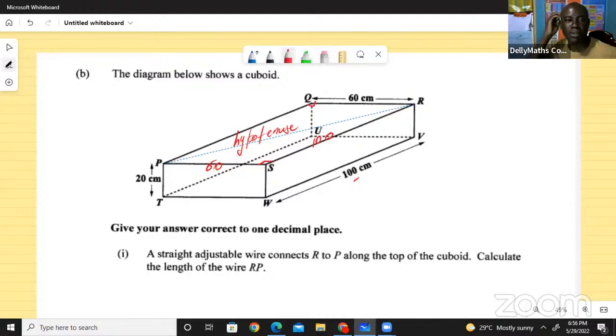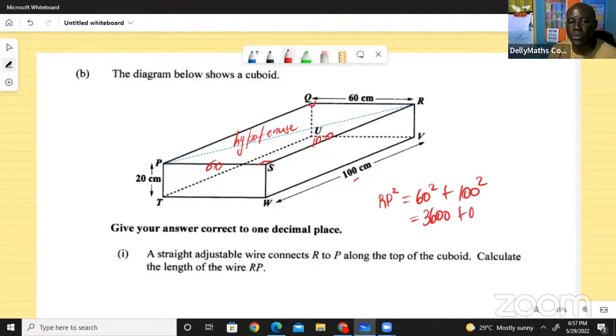So we can use the Pythagoras theorem, because the hypotenuse, which is RP, squared is equal to 60 squared plus 100 squared. 60 squared gives me 3,600. 100 squared gives me 10,000. So we're dealing with 13,600. To find the answer, it's the square root of that. That is the Pythagoras theorem we're using.